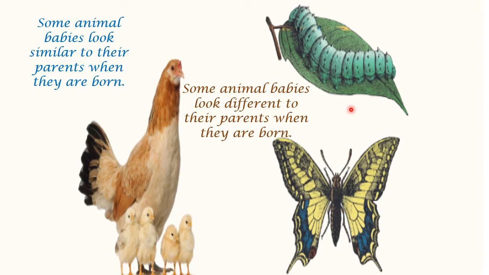The caterpillar is not a different category and the butterfly is not a different category. The caterpillar, through its development, changes into a butterfly. So the butterfly comes through the process of the caterpillar's development stages. All right, and now we will see how each thing gets changed. Isn't it interesting?